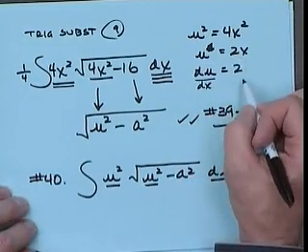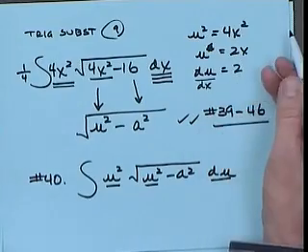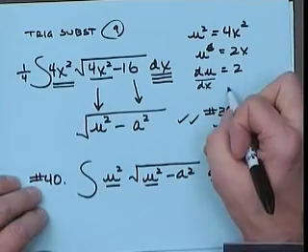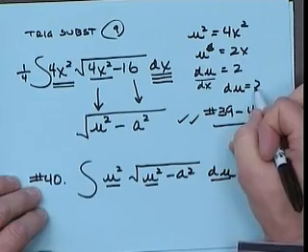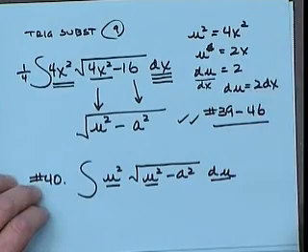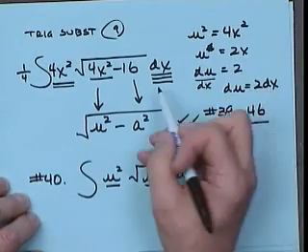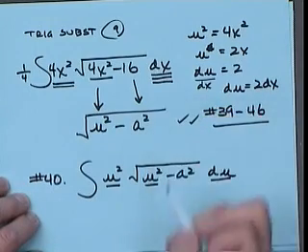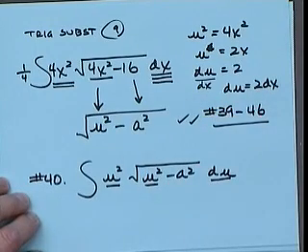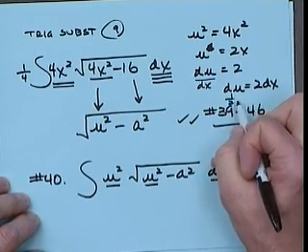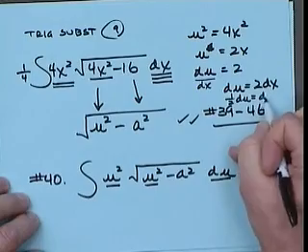Derivative of 2x with respect to x is 2. Multiply both sides by dx. So we want to get rid of dx. What is dx the same thing as? 1/2 du, right? 1/2 du is dx.